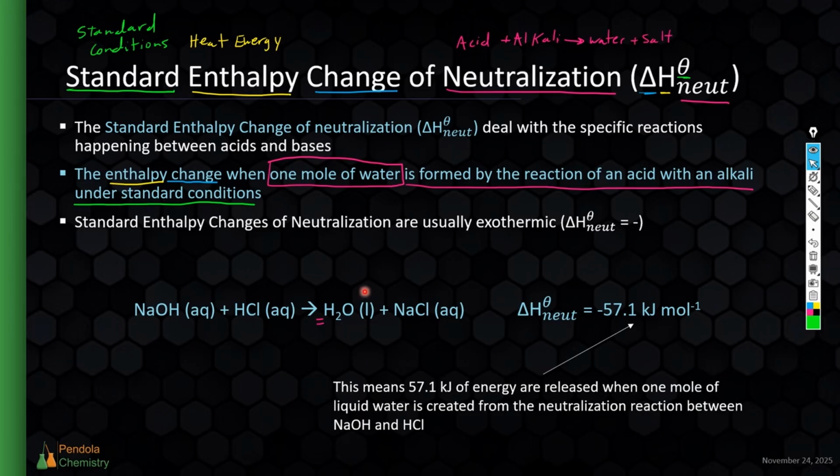That H2O always has to be 1. So if we change this, let's say we talk about the reaction between strontium hydroxide, Sr(OH)2 aqueous, and HCl. In this reaction, we need to make sure that the product, water, H2O liquid, has to be 1.